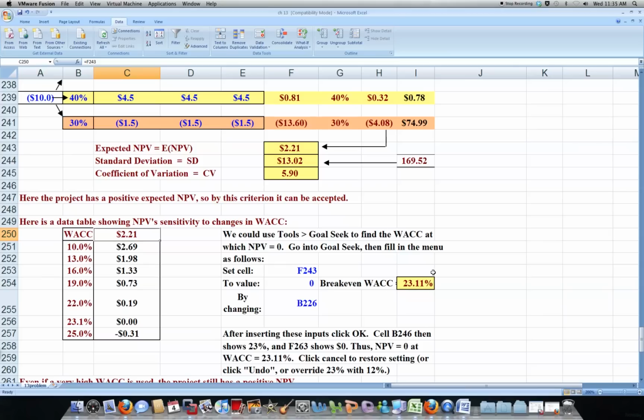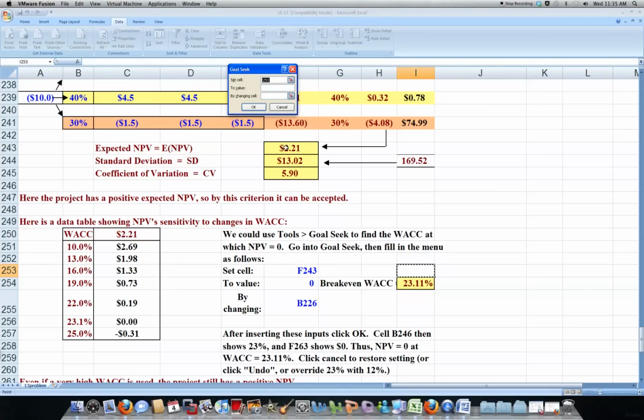Another way to find the break even is to find it here for this cell. Just go up here to your what-if analysis, go to goal seek, and it says set cell.